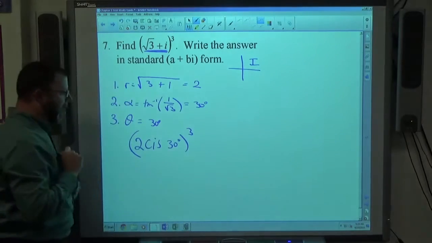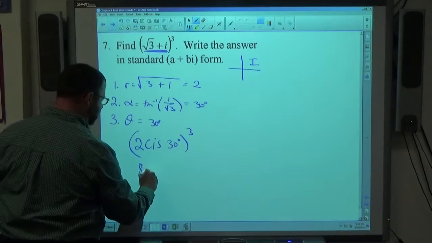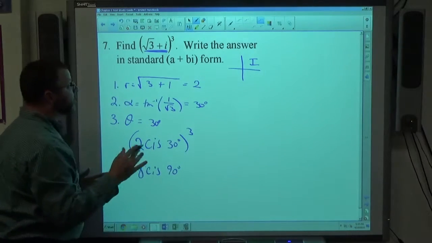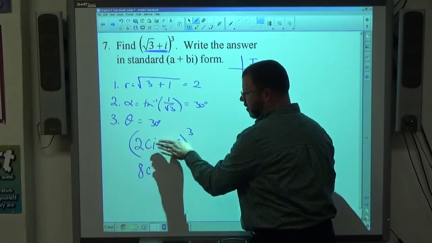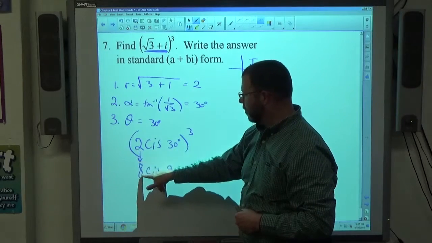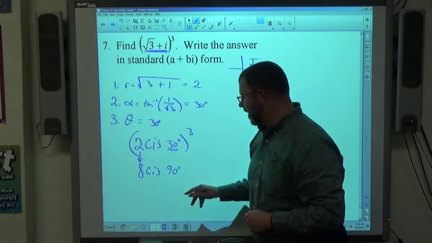Raising that to the 3rd power. So if I take 2 to the 3rd power, I'm going to get 8. And 30 times 3 is 90 degrees. So de Moivre's theorem tells us that if we're raising a trigonometric structure to a power, the magnitude gets raised to the power. 2 times 2 times 2 is 8. The angle gets multiplied by the power. So we get 8 CIS 90.